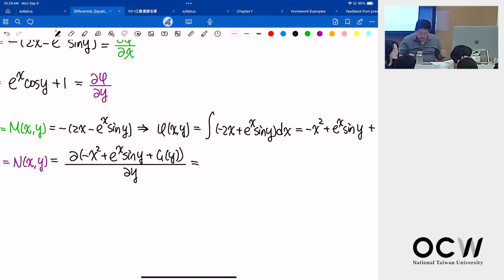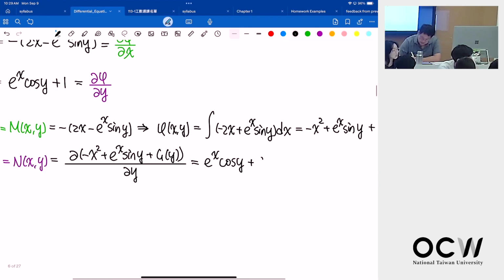Okay. Then next, let's take the partial derivative. First term, 0. Second term, sine becomes cosine. So there will be e to the x cosine y. And then this C1 part, I will get C1 prime of y.